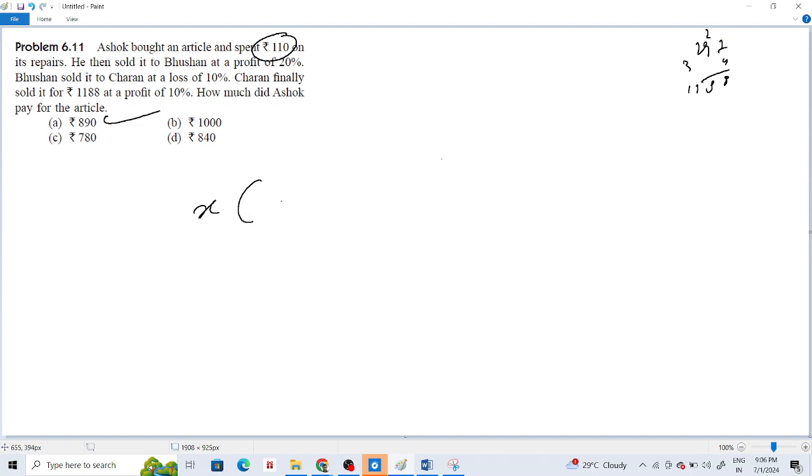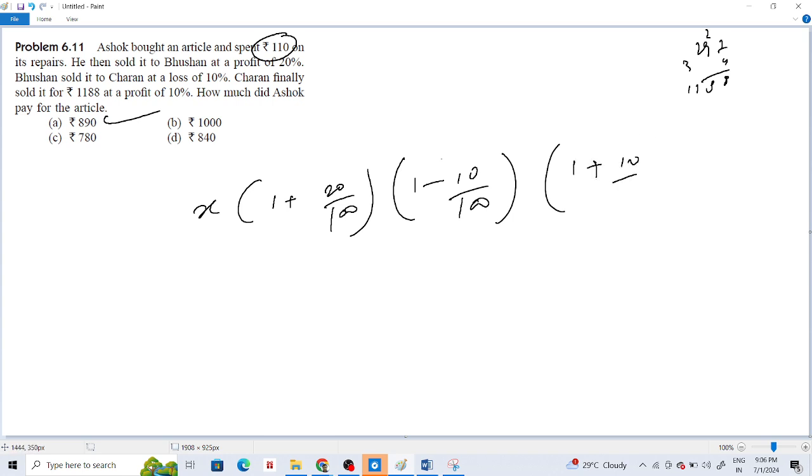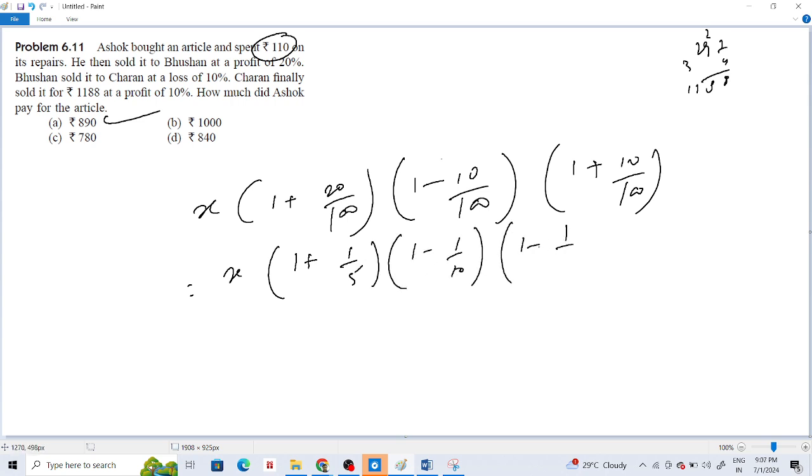This x is increased by 20% profit, then Bhushan decreased it by 10%, and then again Charan increases by 10%. 1 plus 1 by 5, 1 minus 1 by 10, 1 plus 1 by 10, that is 6 by 5 times a plus b, a minus b, a square minus b square.